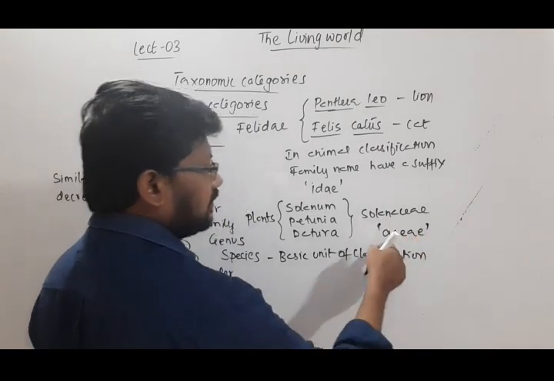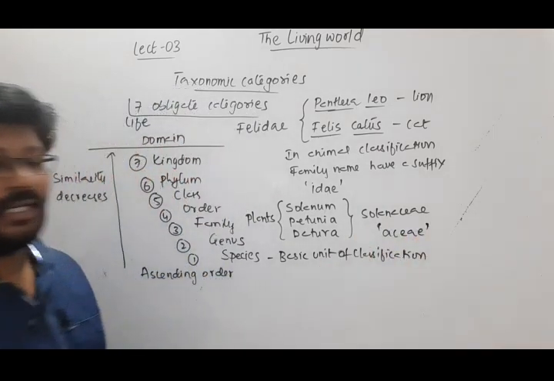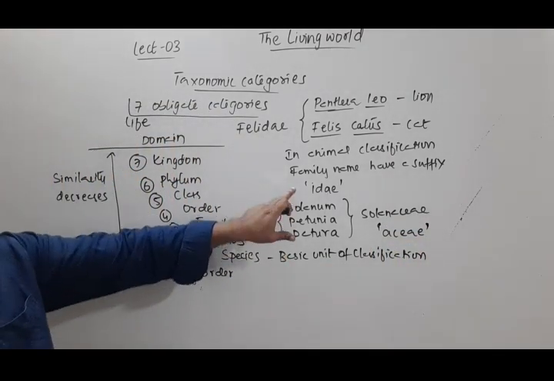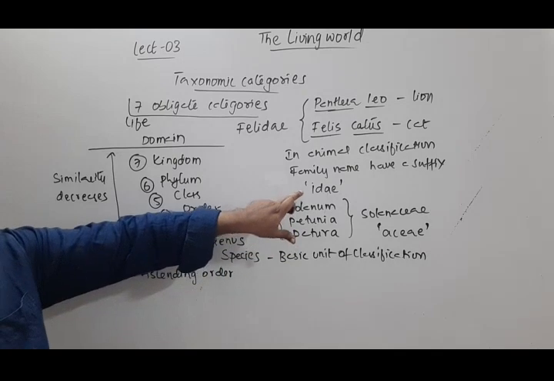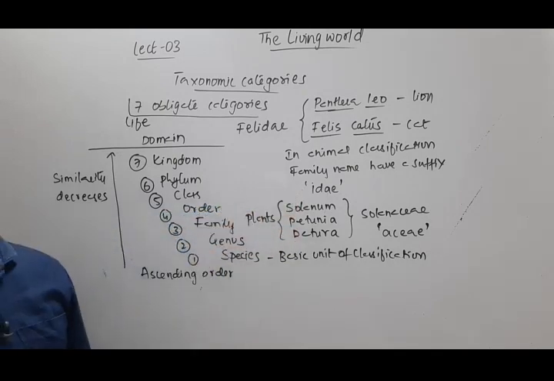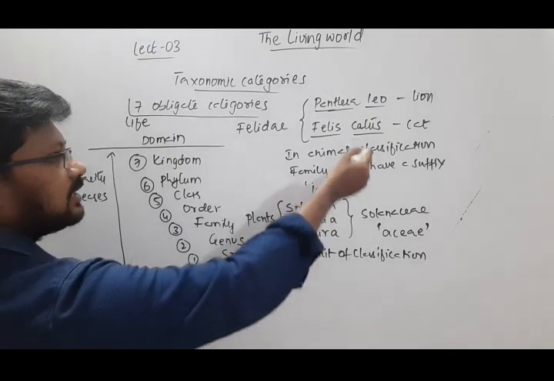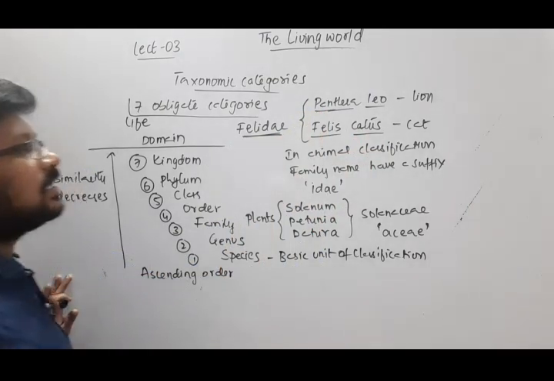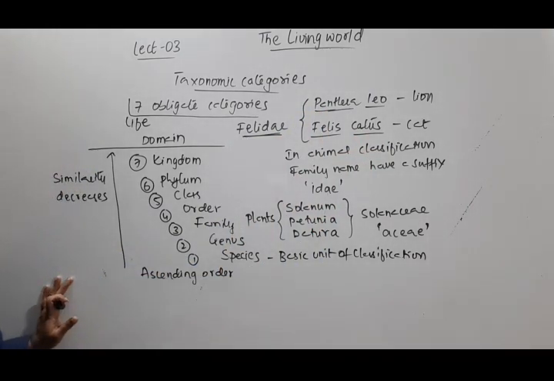This is the suffix that we need to add in the case of plant family names. And in the case of animal family names, we put a suffix called IDAE. So that makes it like Felidae, that includes the big cats and small cats.